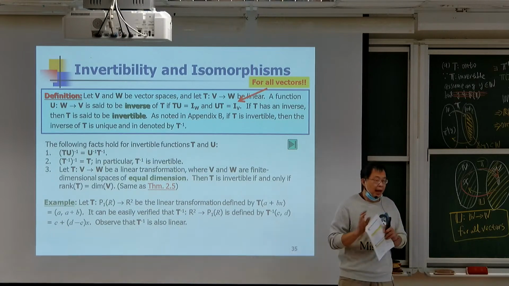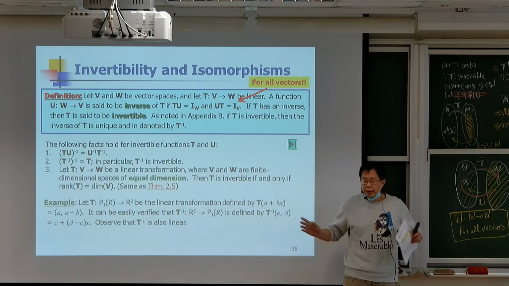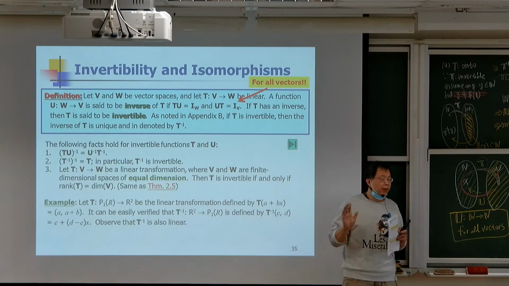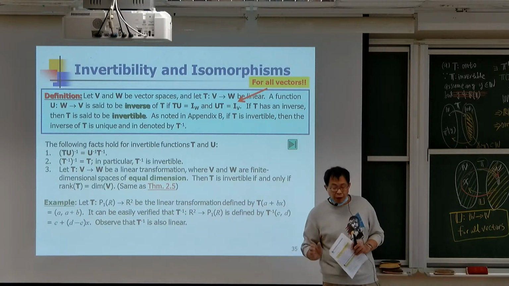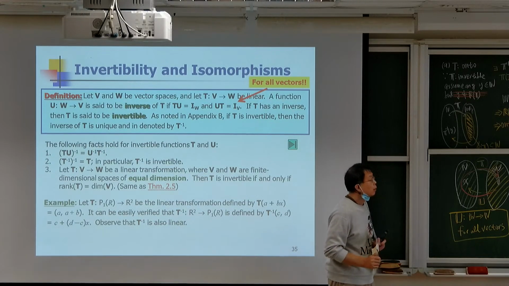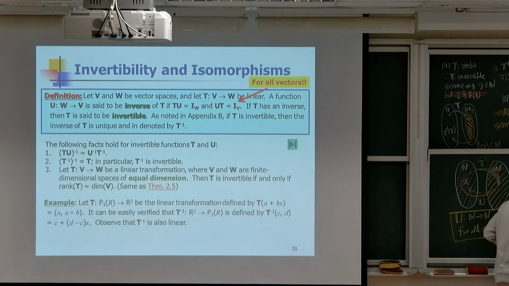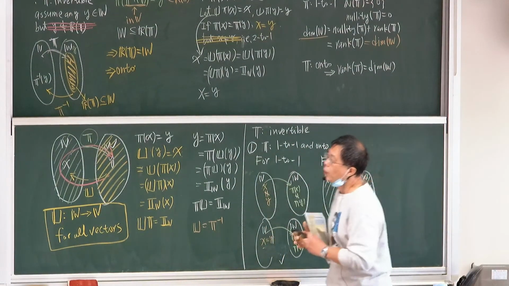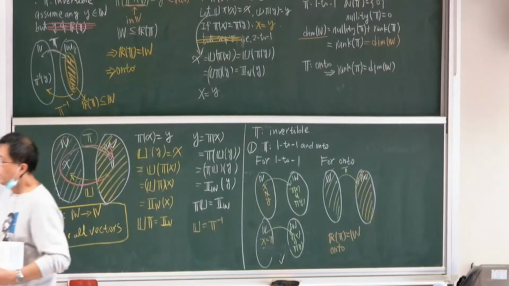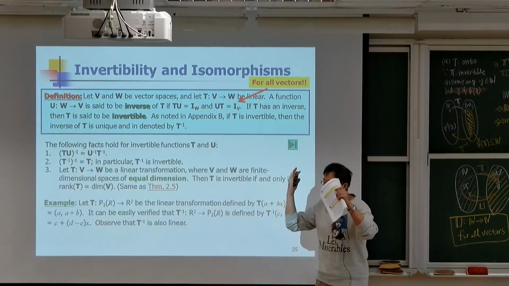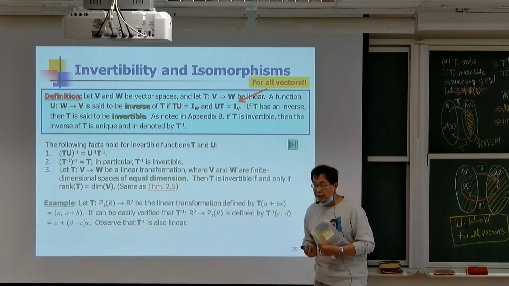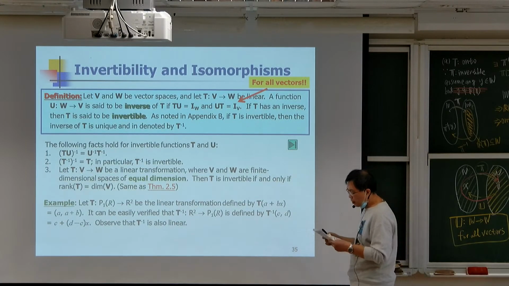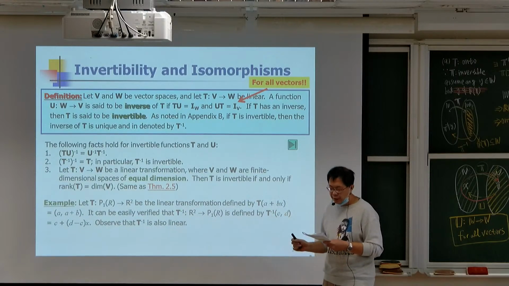If the dimensions are not identical, there will be no invertible transformation. This conclusion is very important. Whenever we have an invertible transformation, the two vector spaces should have the same dimension. So this is the first thing we need to prove.